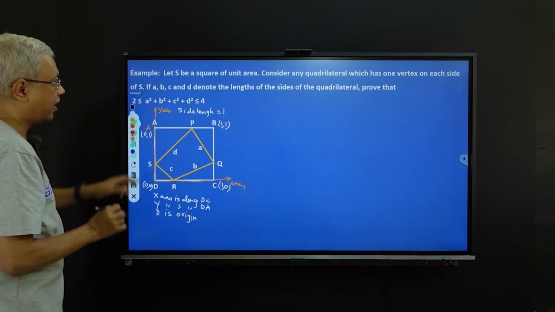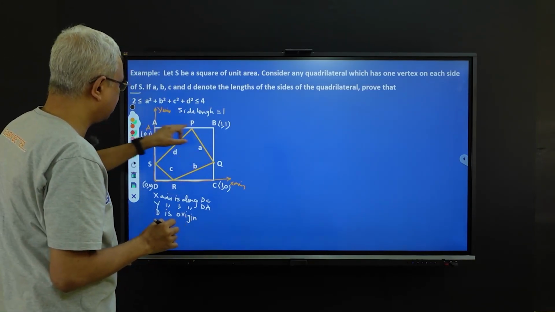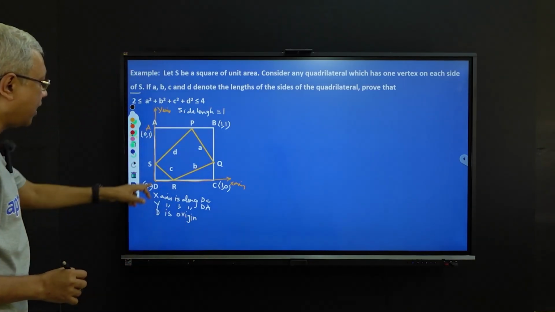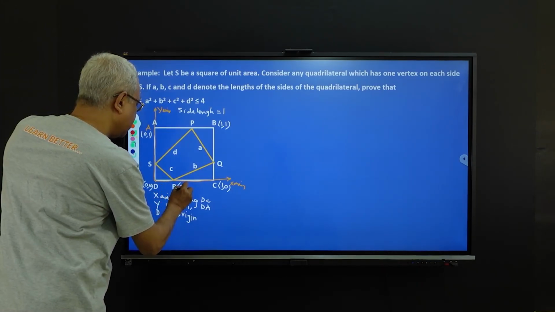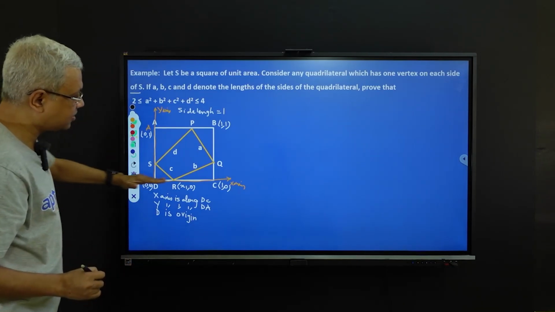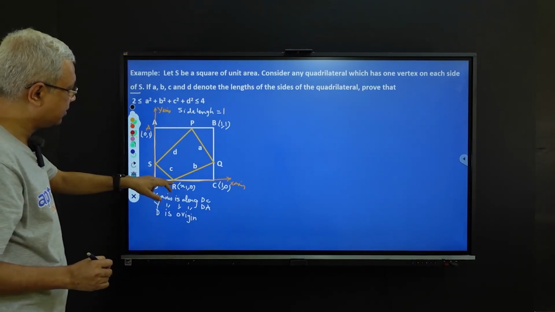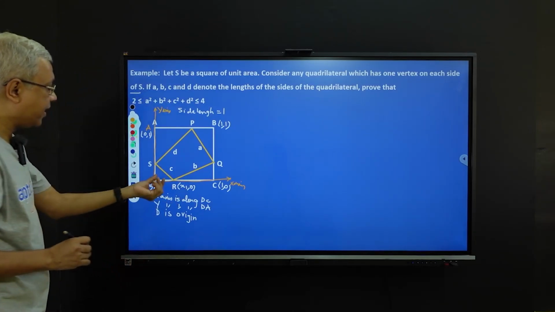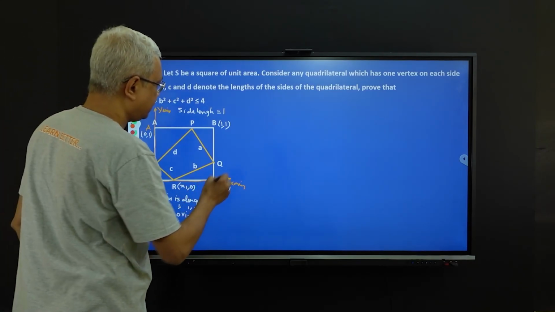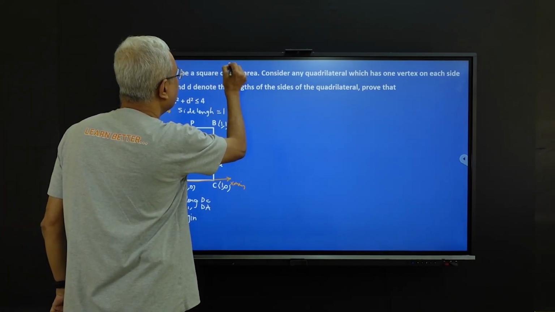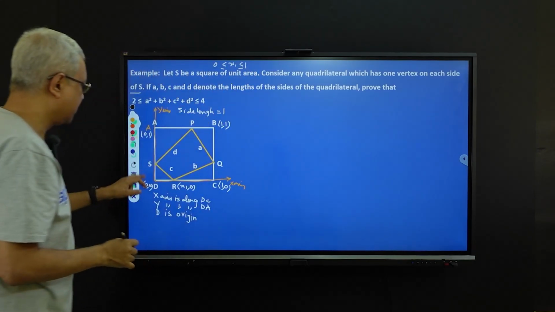Obviously. And since P, Q, R, S are lying on the sides of the square, I can write the coordinate of R as (x1, 0). Since R is lying on the x-axis, its y coordinate will always be 0, and x1 is greater than or equal to 0 but less than or equal to 1.